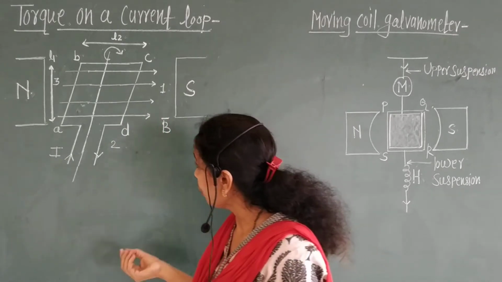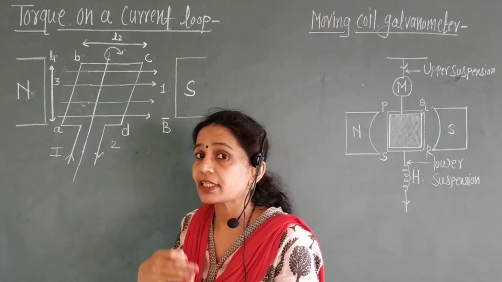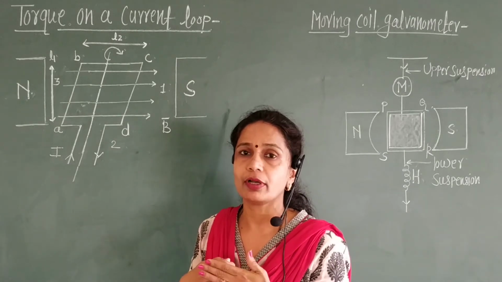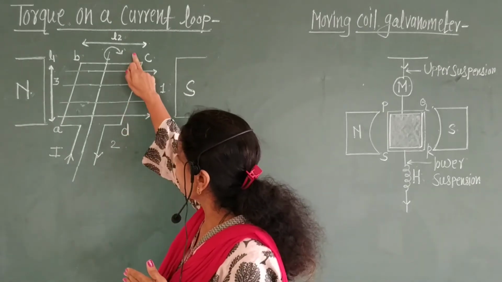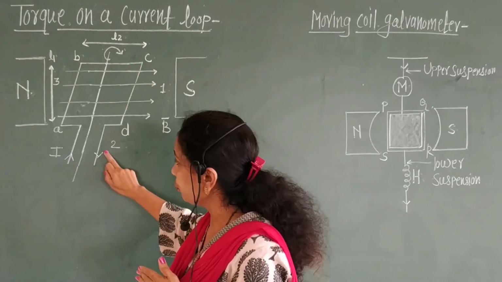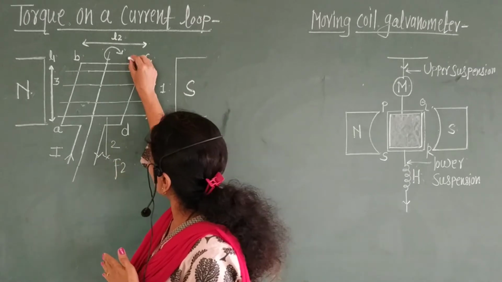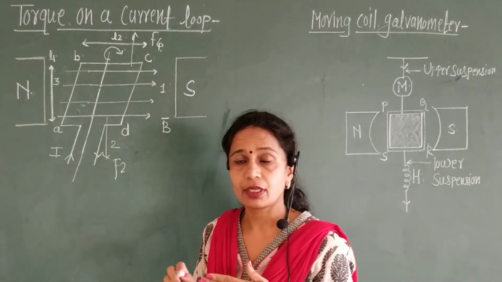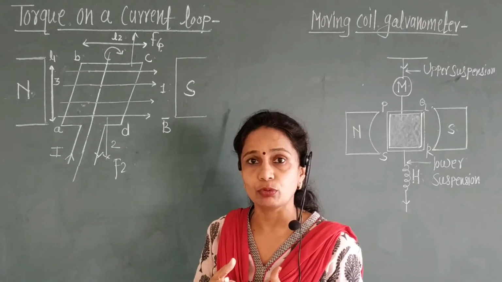Due to this uniform magnetic field, forces are acting on the four sides of the rectangular loop. The force acting on this side is F2, and the force acting on this side is F4. They are equal and opposite, therefore they cancel out each other.